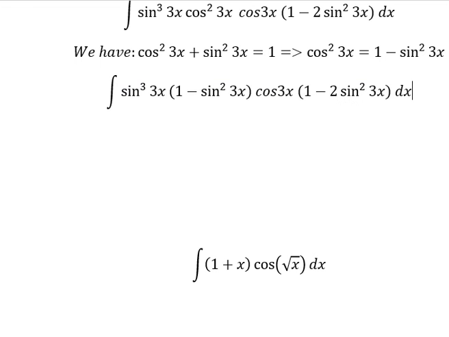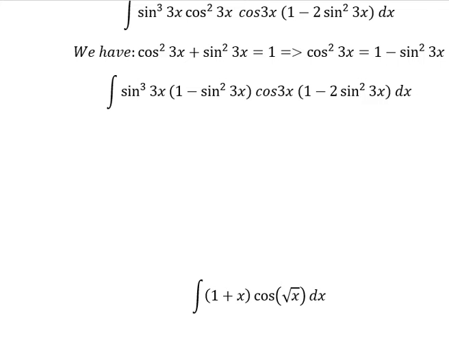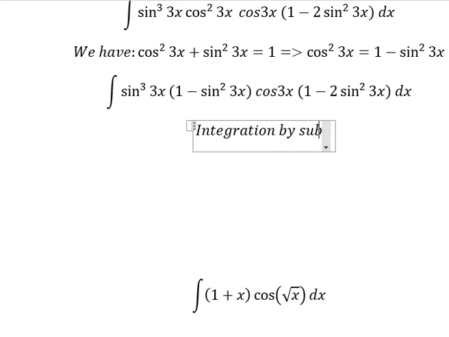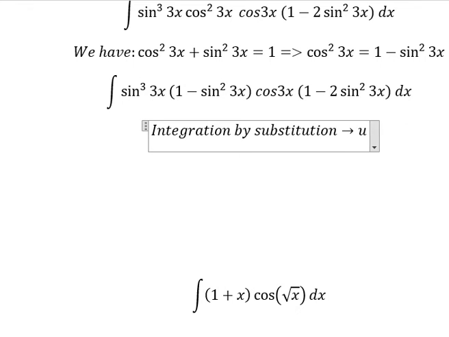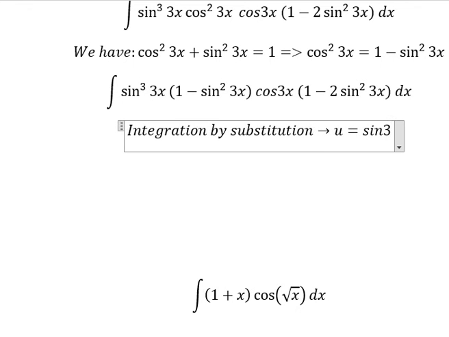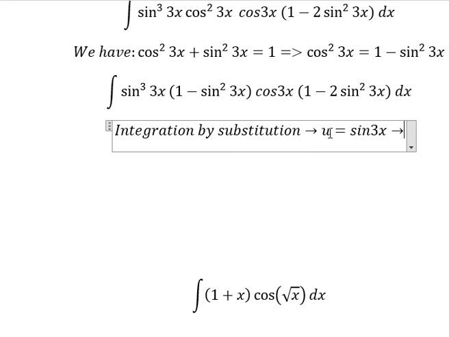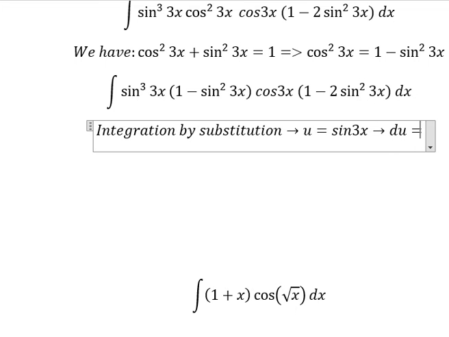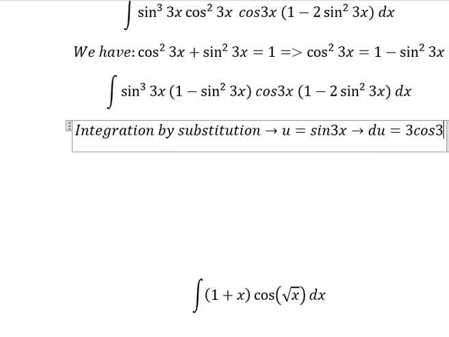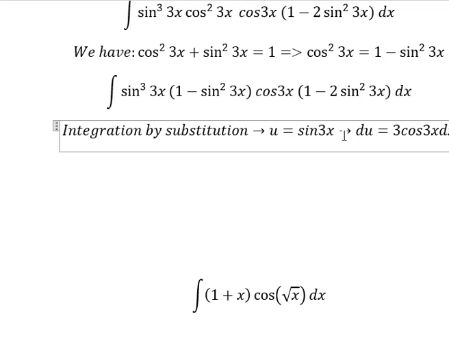So we need to use integration by substitution. So I will put u equal to sine 3x. So if we do first the derivative for both sides, you got du equal to 3 cosine 3x dx.